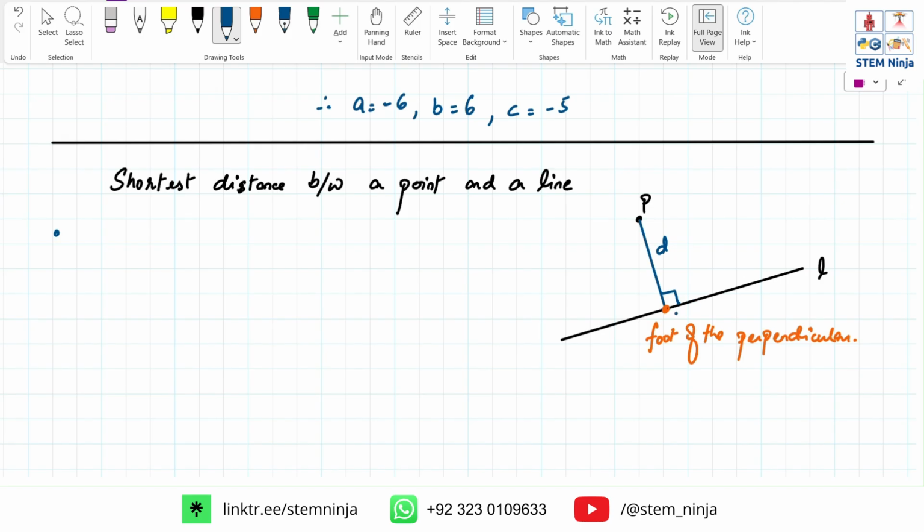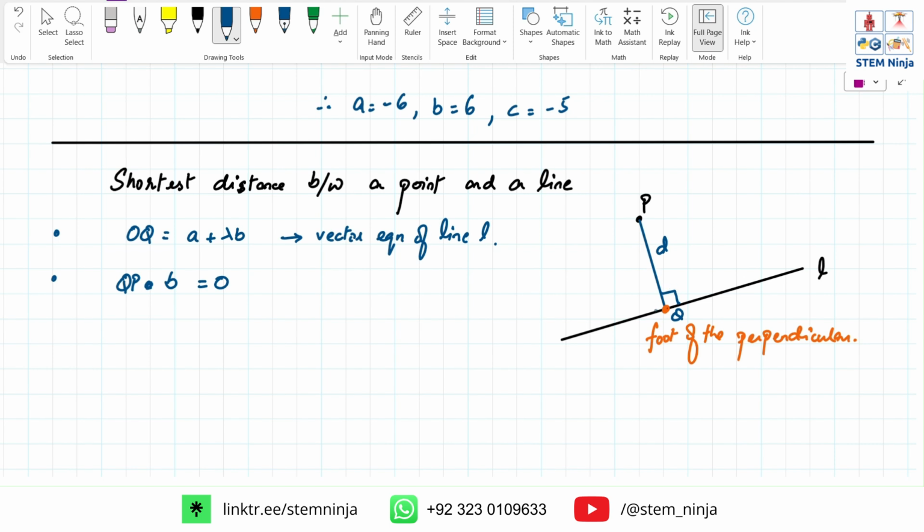So let's call this Q. OQ, which is the position vector of the point on the line, is given by the vector equation of the line L, A plus lambda B. Similarly, there is another point over here, P, and QP is a perpendicular line segment.